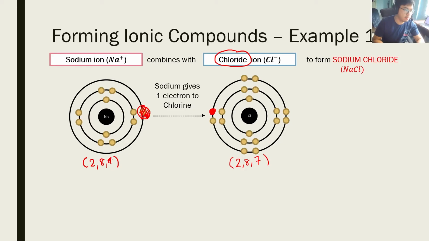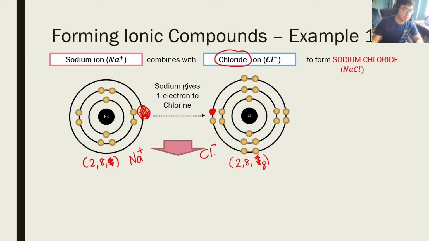So sodium will lose one, chlorine will gain one, becoming 2,8,8. Like I said in the previous lesson, if an atom loses an electron, it becomes positively charged. Sodium becomes positive 1. If an atom gains an electron, like chlorine, it becomes negative. So chlorine is negative 1.